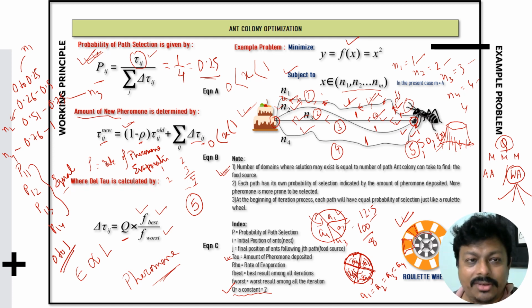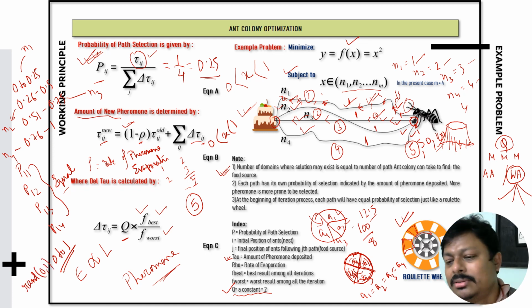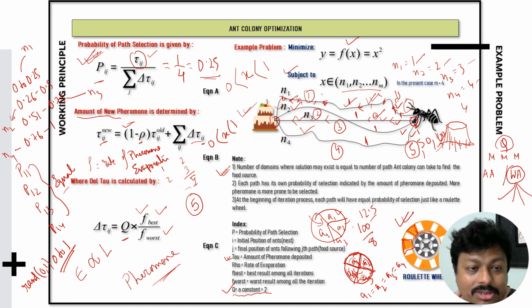So basically that is the random function of Excel, rand between 0 and 1. And now the interesting point is there. We have created representative domains for N1, N2, N3 and N4.